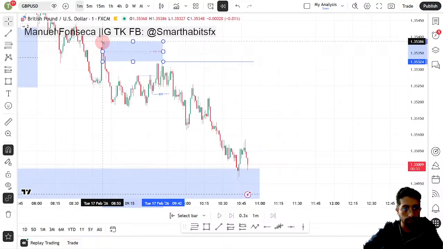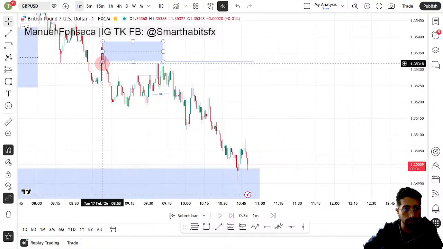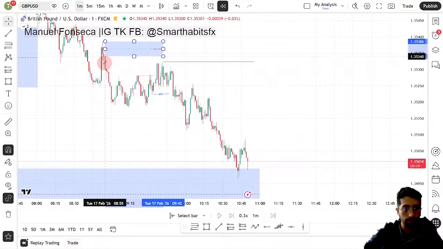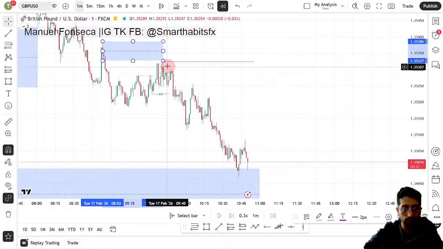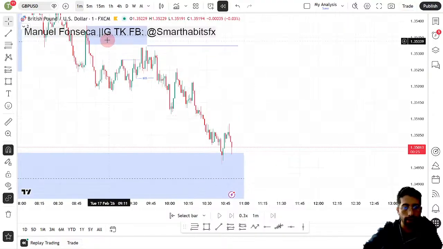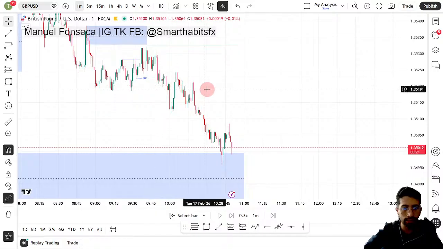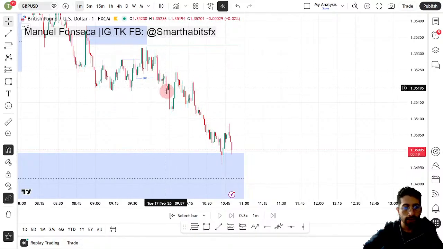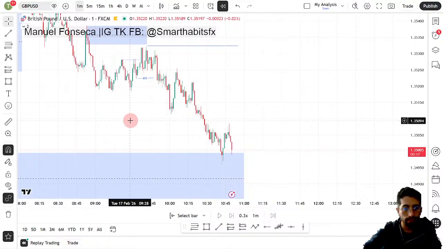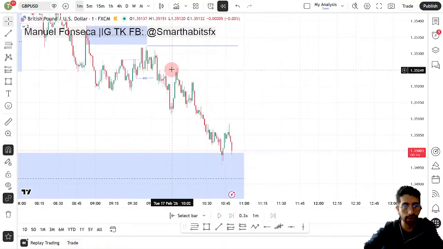However, it's enough to confirm that it's making a beginning of a range. Maybe because this is 1 minute, it doesn't look very clear, let's say.